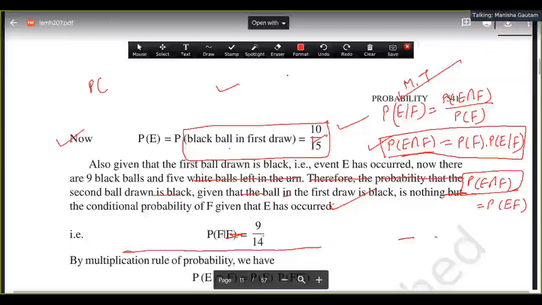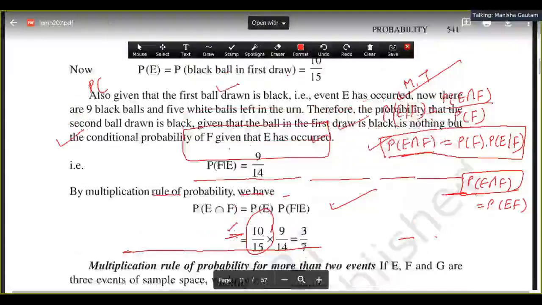It will now be 9, and the total also reduces because you are not replacing the previous ball. So it will be 9 upon 14. E already happened. That's why there is a change in the probability. So the answer will be 10 by 15 into 9 by 14.